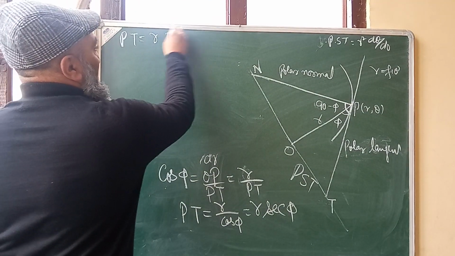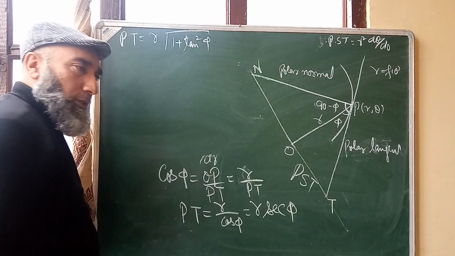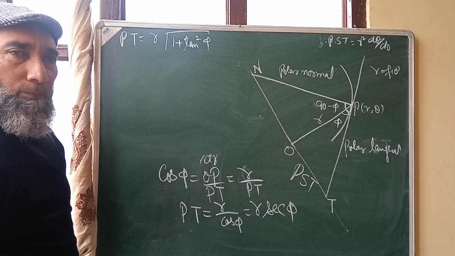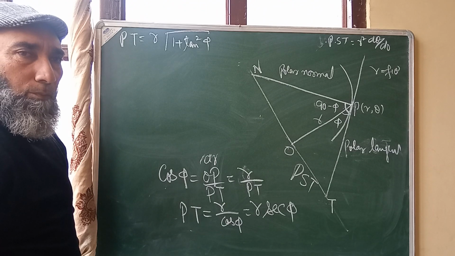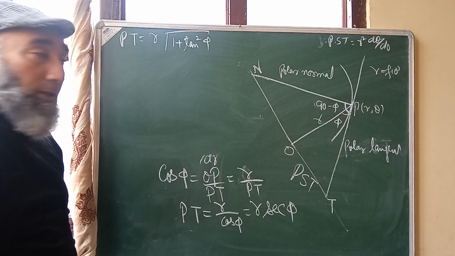Now PT, the length of the polar tangent, is r secant phi. What is secant? Secant square minus tan square is 1, so secant square is 1 plus tan square. But what is tan phi?